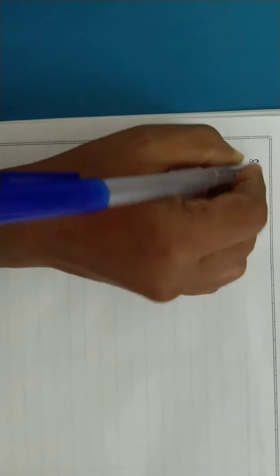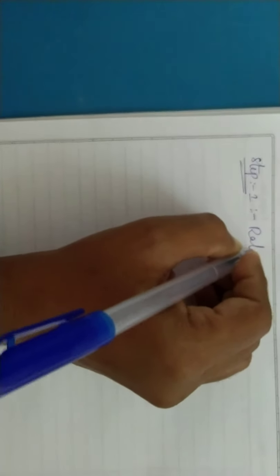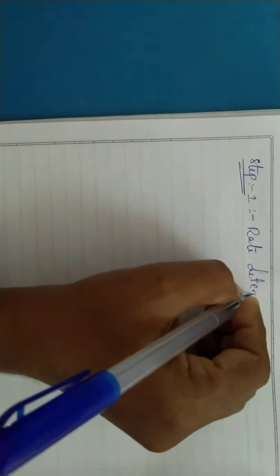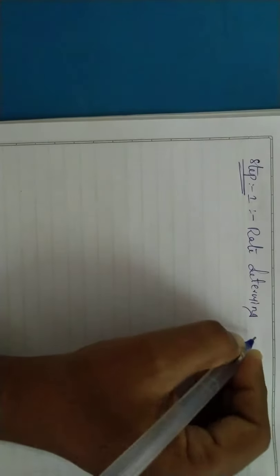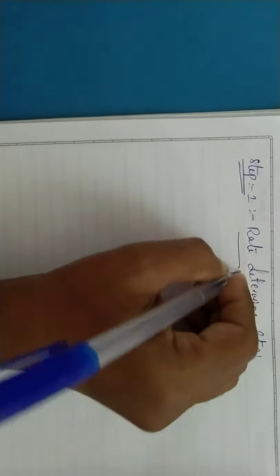Okay, next, this SN1 reaction proceeds in two steps. What are the two steps? Let's see. The first step is step 1. This step 1 is also called the rate determining step. A reaction may proceed in one step or several steps. Not only this type, any organic reaction may proceed in different steps.